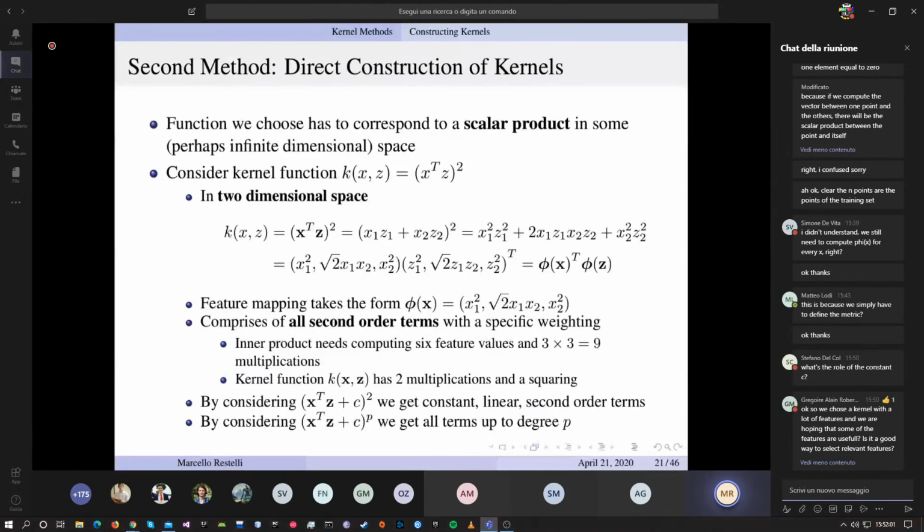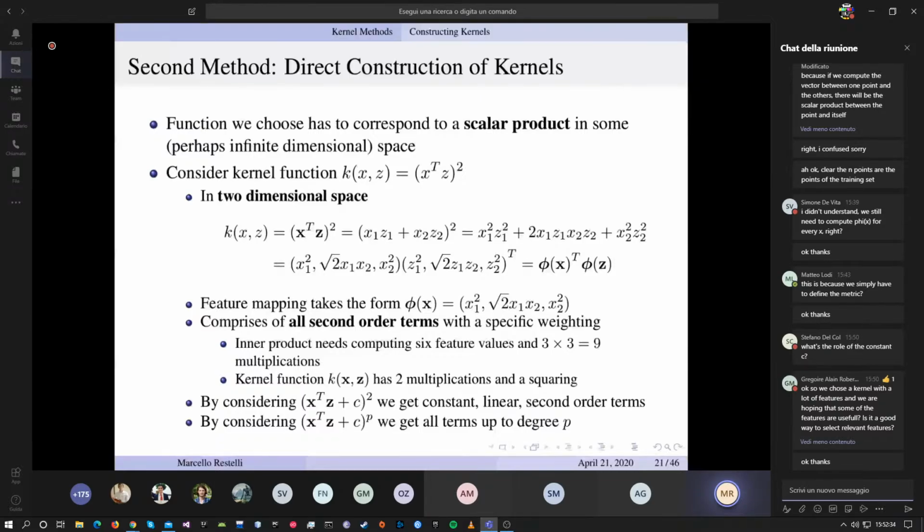You are not selecting features, you are directly predicting the result by combining your training set like in a memory-based approach, like in KNN. You take the samples and average the prediction by giving different weights that are somehow related to the features, but the features are implicit, they will never be explicitly used. You do not need them because you have already the prediction, and the prediction is computed without the features, only by computing the kernel. Is this clear? Okay.